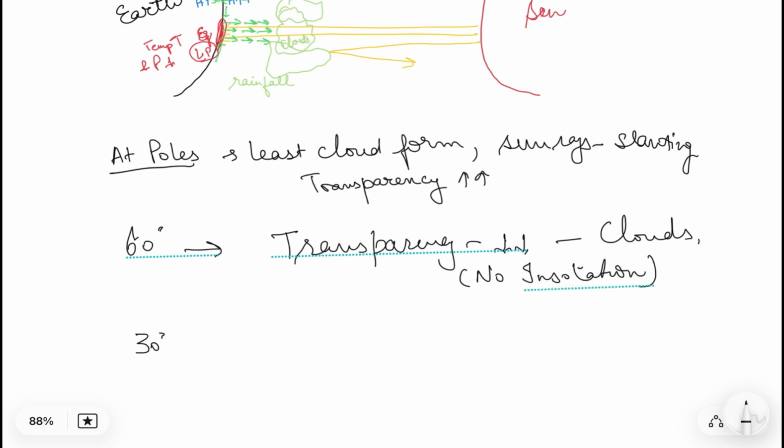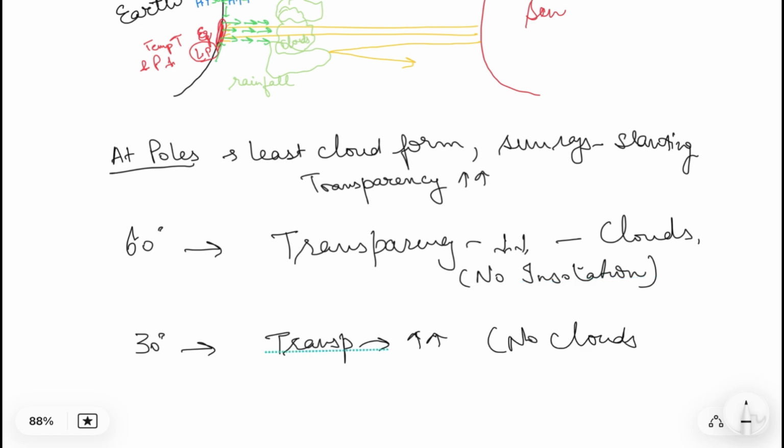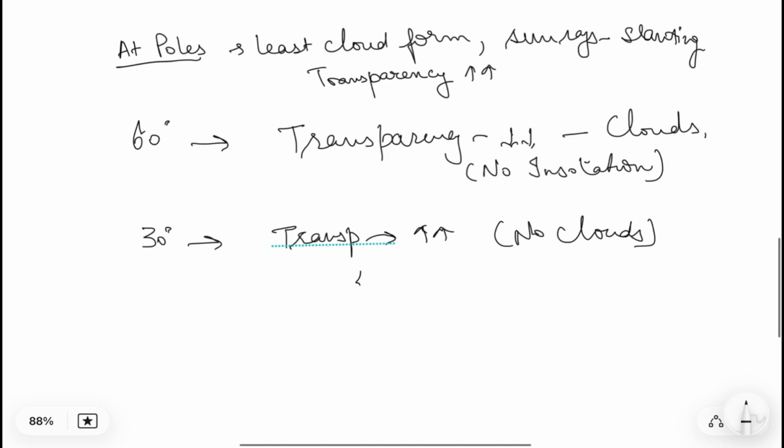At 30 degree transparency is high, no clouds, and so insolation will be high. So the insolation at the 30 degree will be high.